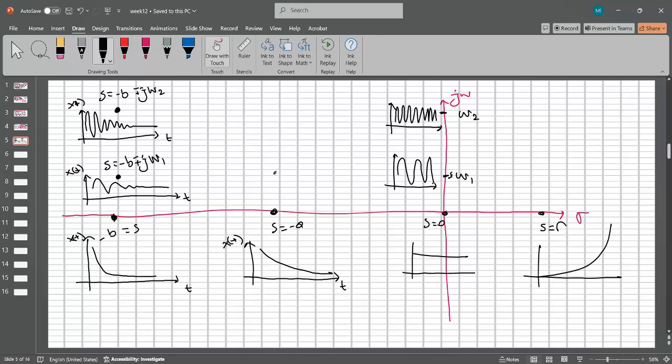And so, what about this? This is S equals minus A plus j W1. What is the difference between these two graphs right now? Yes, we have the same oscillation, but we have a longer period.